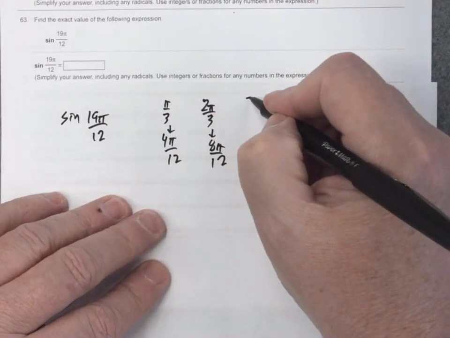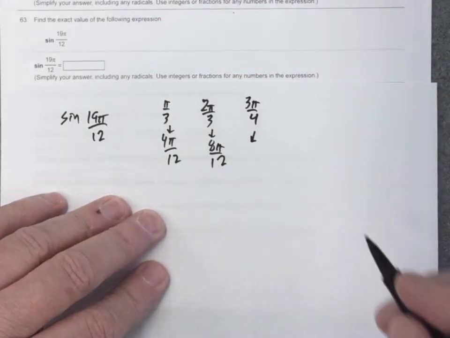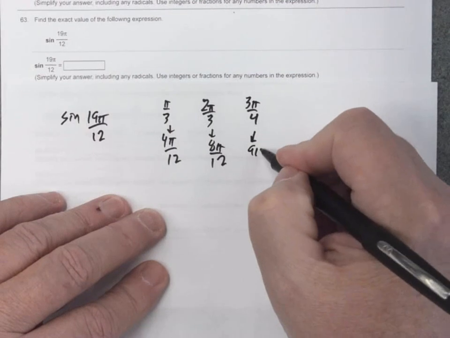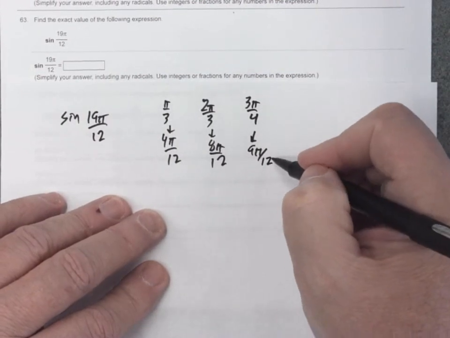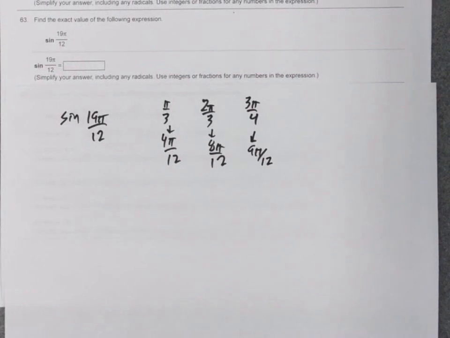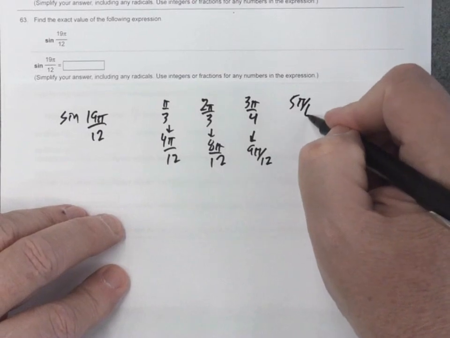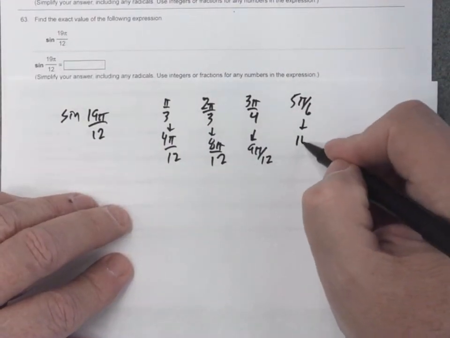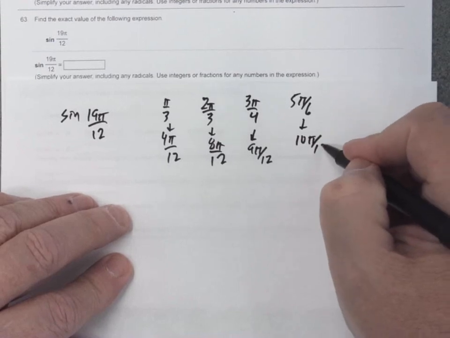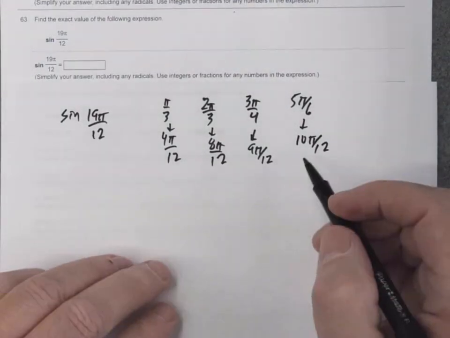How about 3 pi over 4? That's like 9 pi over 12. No combination yet. How about 5 pi over 6? Multiply by 2 to get 10 pi over 12. Aha!